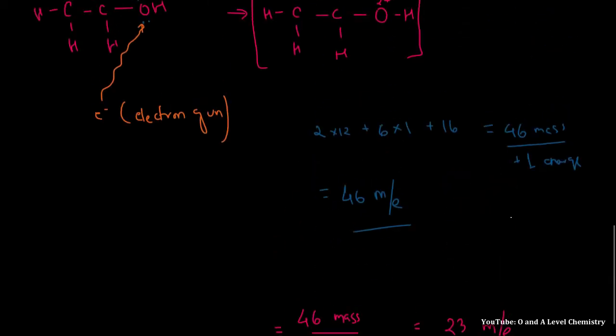Your mass was 46, but now the charge is plus 2, right? So now what you produce is 23 m by e. So you'd see a peak at 23 m by e as well.